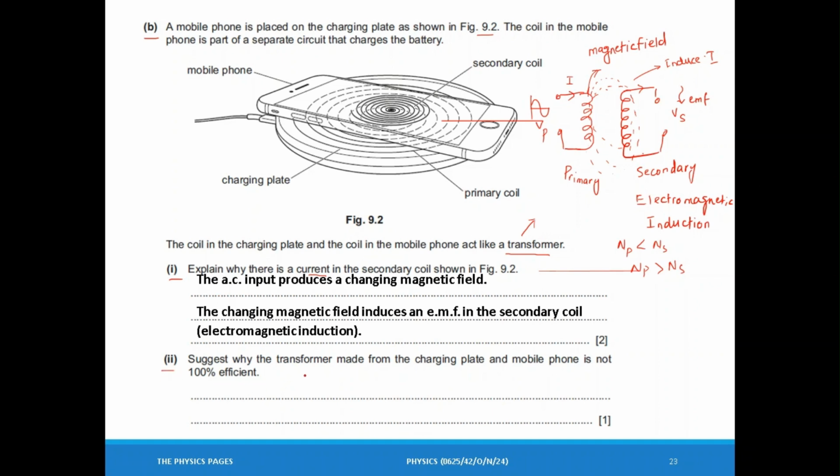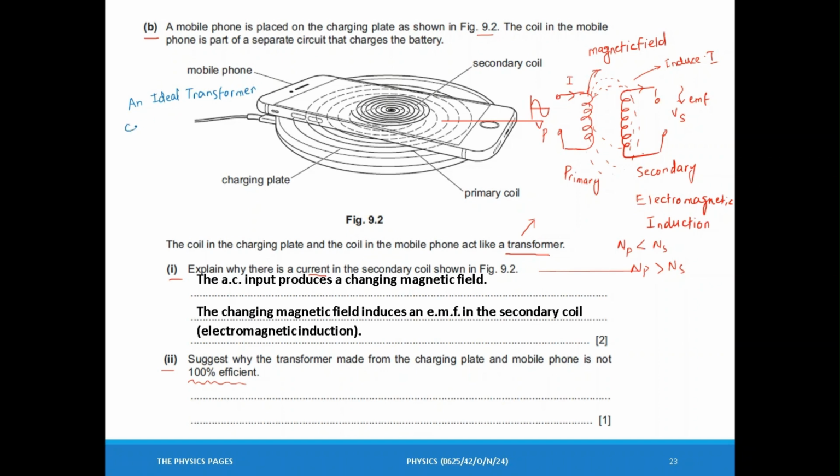suggest why the transformer made from the charging plate and mobile phone as shown in the figure is not 100% efficient. First of all, there is no real world transformer that will be 100% efficient. We just say an ideal transformer can be 100% efficient. So this is the first thing we need to understand.